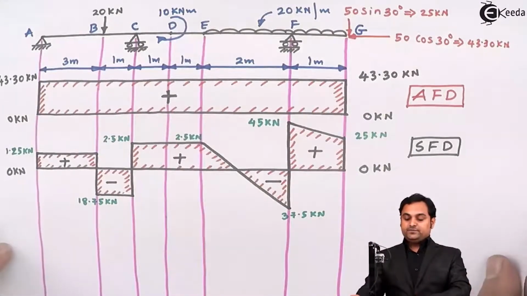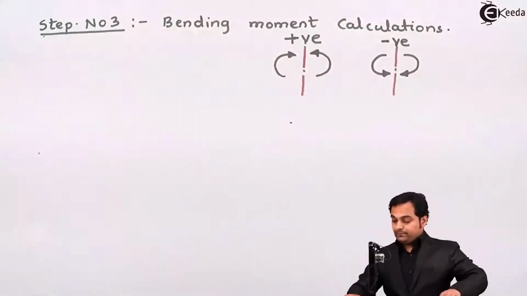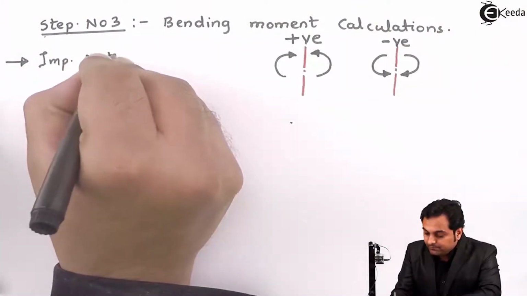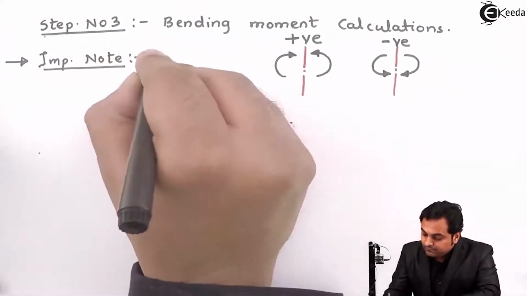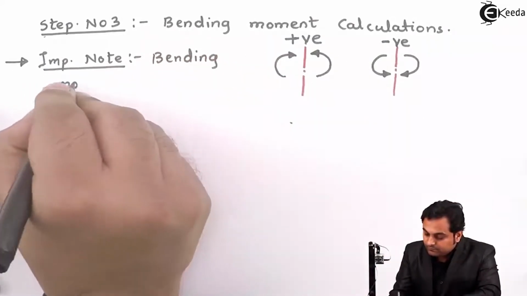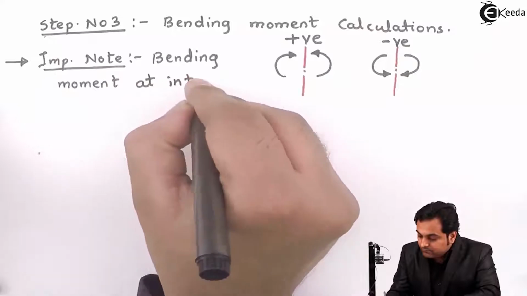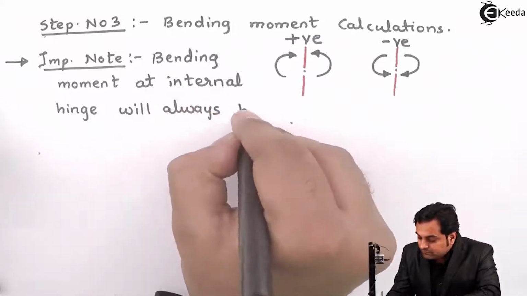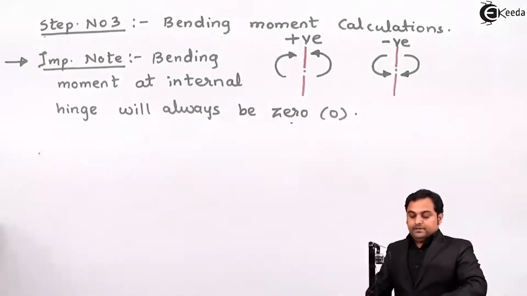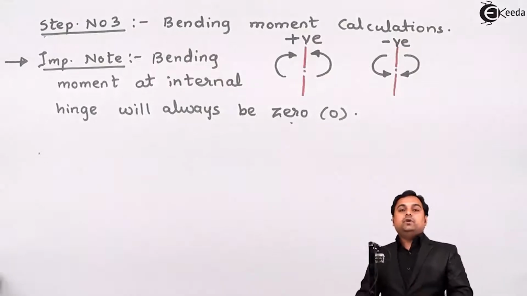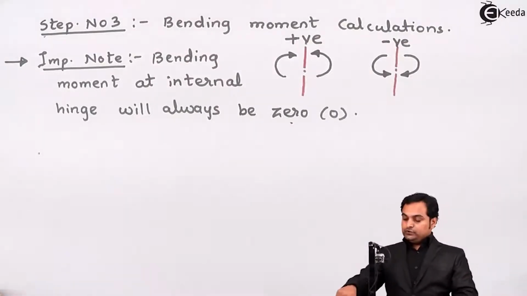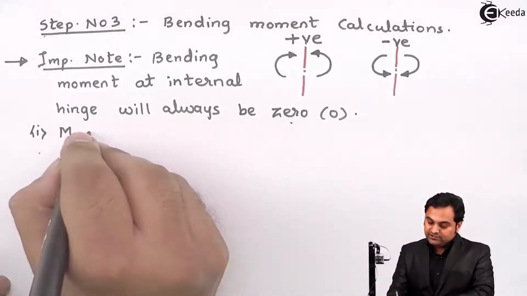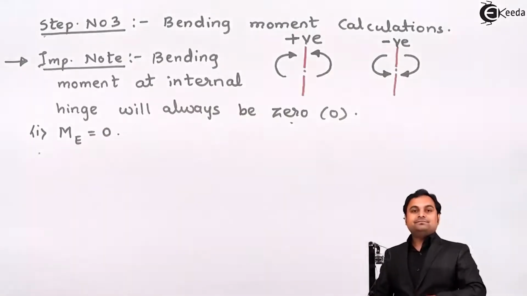Here I'll write a special note. An important note. Bending moment at internal hinge will always be equal to 0. So here I'll first write down moment at point E, which is the internal hinge, is equal to 0.